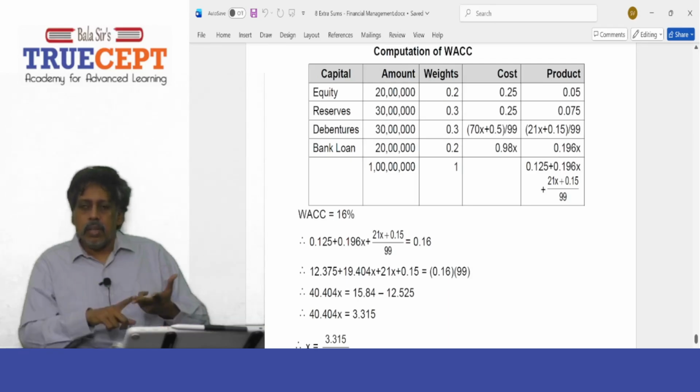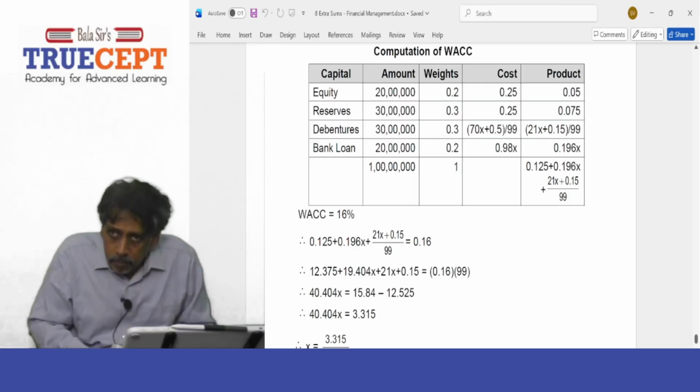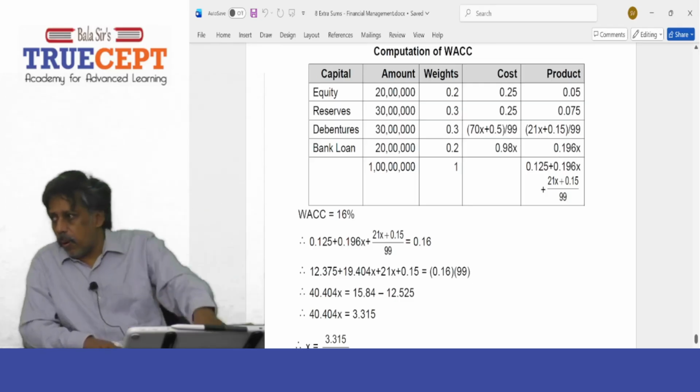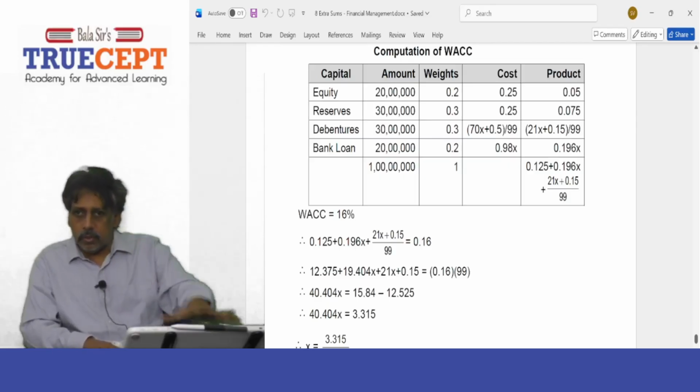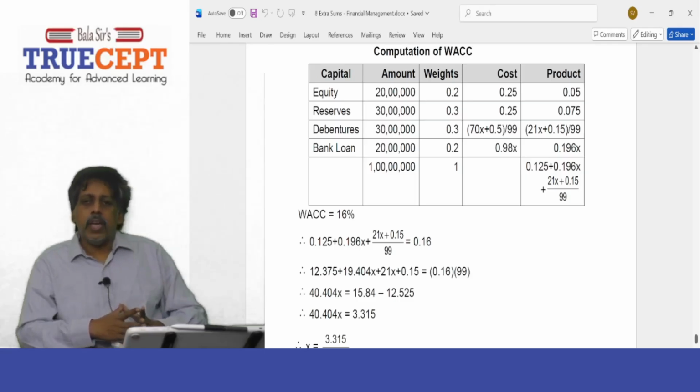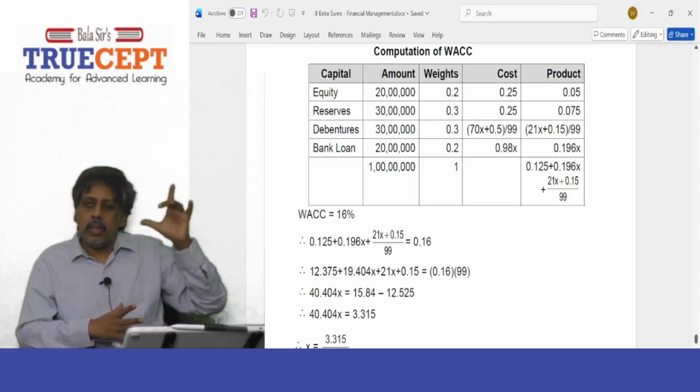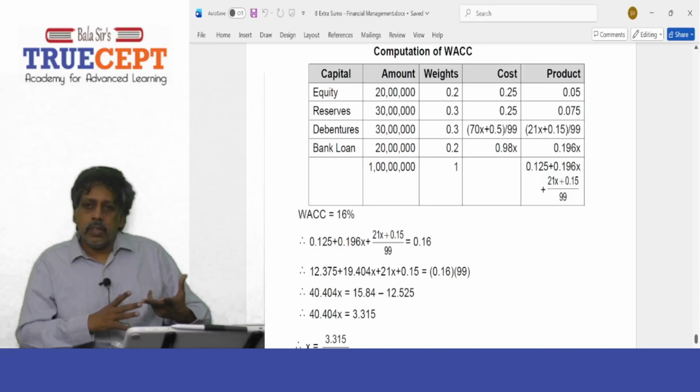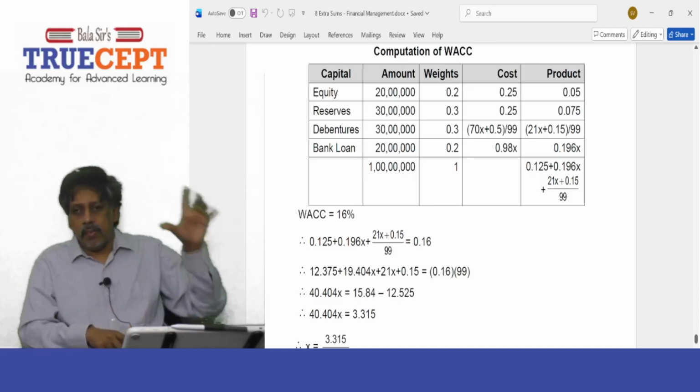And the cost 25%, or written 0.25 in decimal format, no problem. So 0.25, then 0.25 again, then KD, whatever equation you got, and then bank loan 0.98x. Then last column, multiply these two and find the WACC.